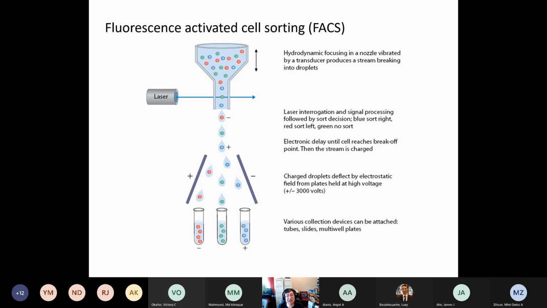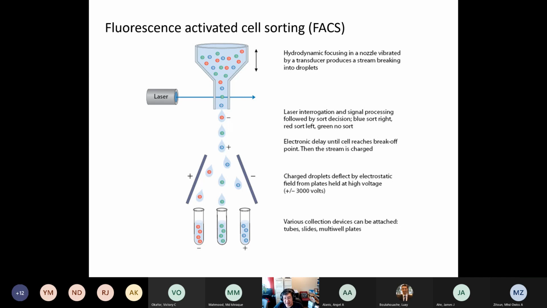They're either negatively charged or positively charged. And then in the next step, they get separated based on their charge. Therefore, you can separate the red cell, green cell, or the cells that don't have any color. So this way, you can first label the stem cell, and then later on, you can get them collected into an individual tube.